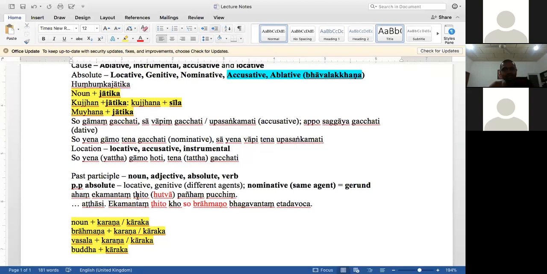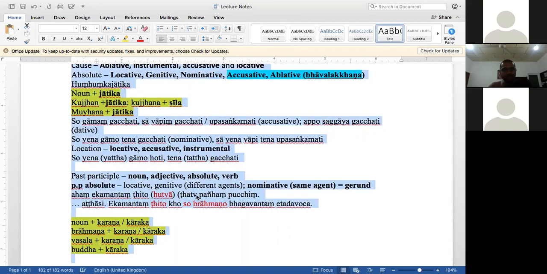And also in the nominative absolute, in the past participle, thito hutva, he mentioned that this also has the absolute meaning. But traditionally they don't call it an absolute; they give the meaning by making it a gerund, so instead of just thatva, they make it thito hutva.